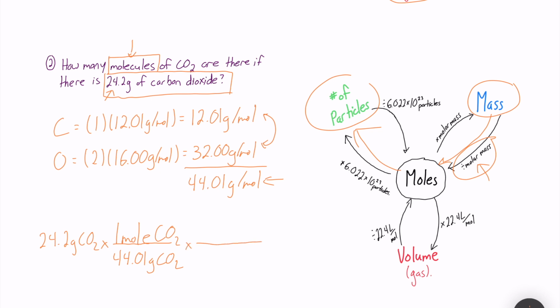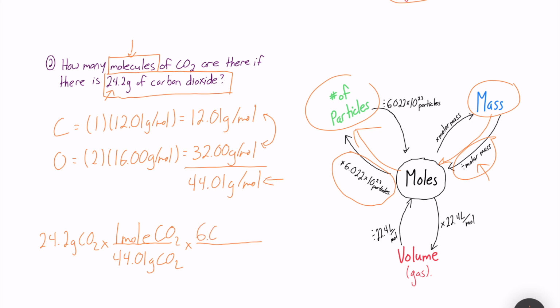Okay, so if we were to stop there, we would be at moles of CO2, but we must take it one step further, get to particles. So to get from moles to particles, we have to multiply by Avogadro's number. If you're not familiar with that, take a look at my past video talking about the relationship between a mole and 6.022 times 10 to the 23. So we have to multiply by that.